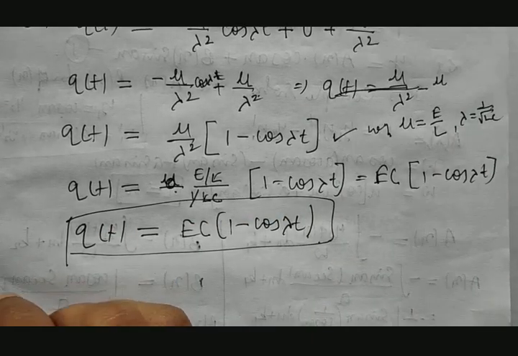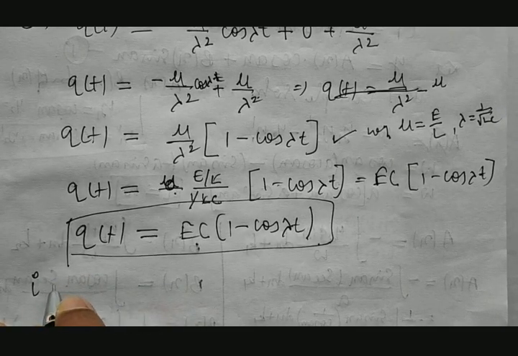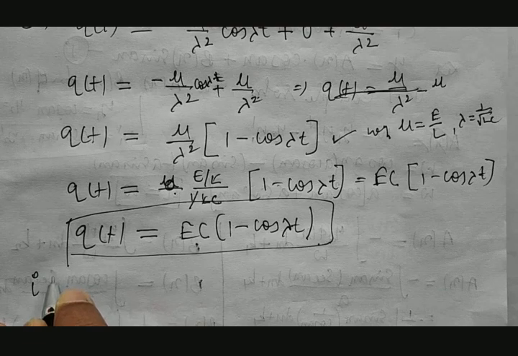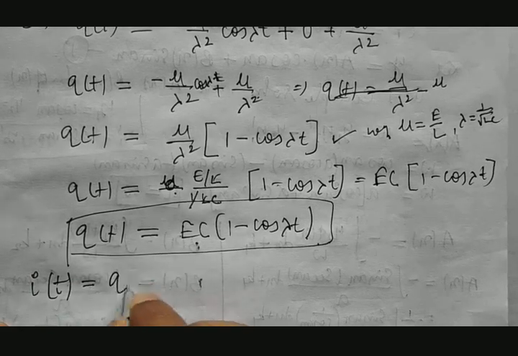Then similarly, I is nothing but Q dash. So I of t is nothing but Q dash of t.